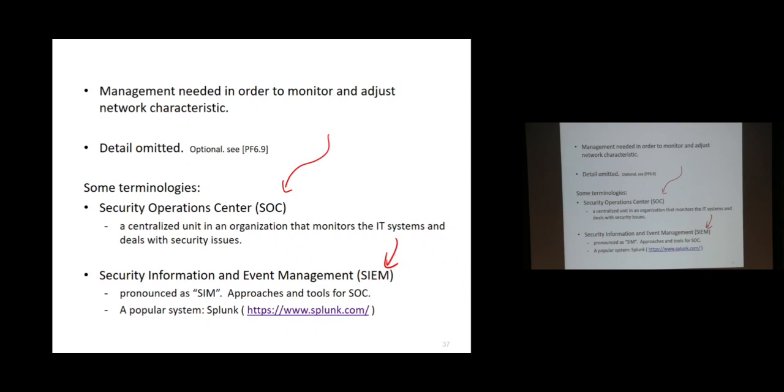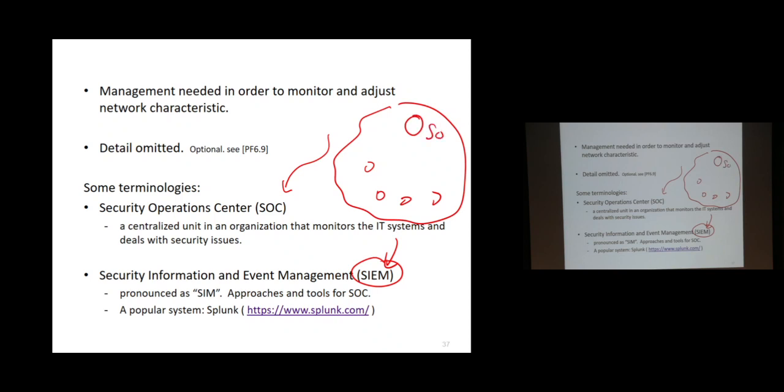In this SOC team, there's something called level 1, level 2. The SIEM software will have some intelligence there, try to detect events, and then push the events to the center. You can imagine these are a lot of sensors in a whole network, and this is a SOC. They detect something, push.